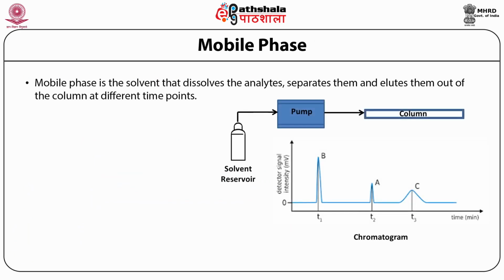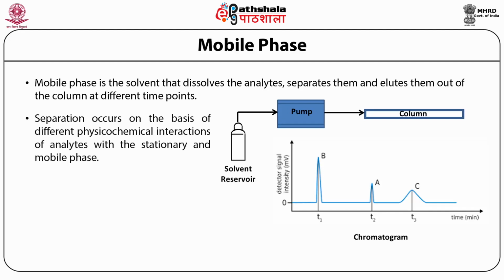HPLC. The mobile phase in liquid chromatography refers to the solvent that dissolves the analytes, separates them and elutes them out of the column at different time points. Separation of components in a sample occurs on the basis of different physicochemical interactions of analytes with the stationary and mobile phase.